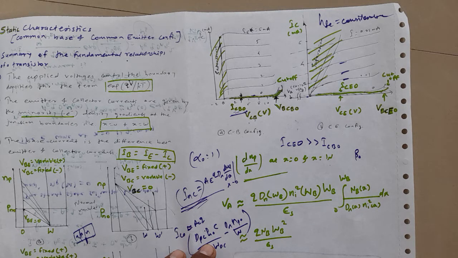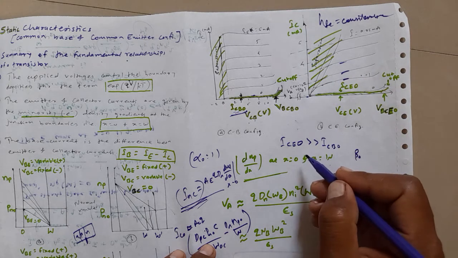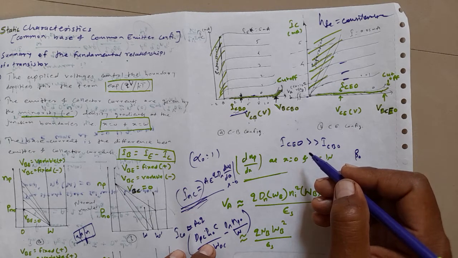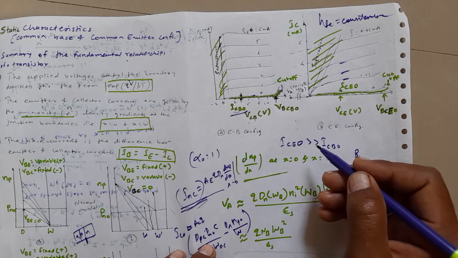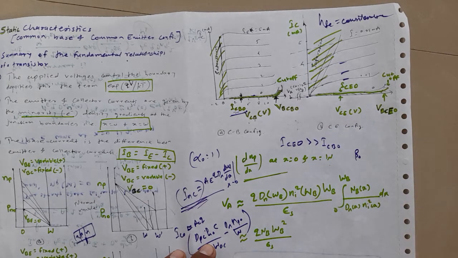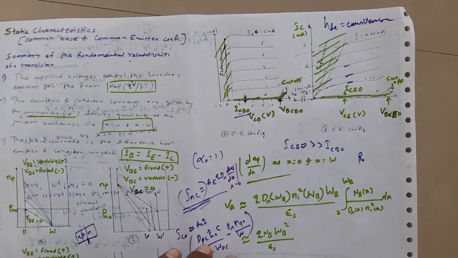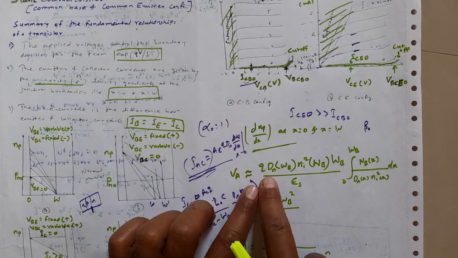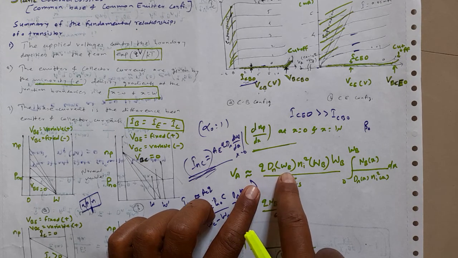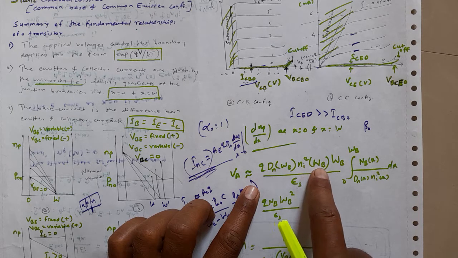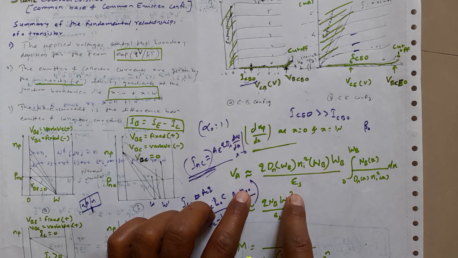For a transistor with base width WB much larger than the depletion region in the base, the early voltage is given by this equation: VA is equal to q times the integral of NB as a function of WB, over ni square as a function of WB, times WB divided by epsilon s.